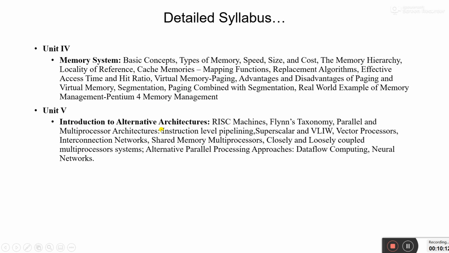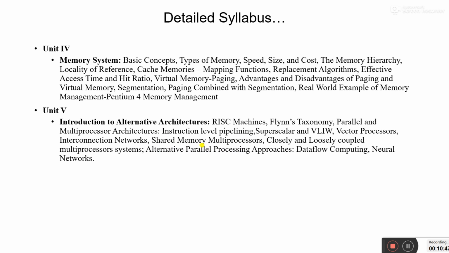In unit 5 we will learn about the introduction to alternative architectures, which are a little advanced. We will understand RISC type machines, Flynn's taxonomy, parallel and multiprocessor architectures, instruction level pipelining, superscalar and VLIW architectures, vector processors, interconnection networks, and shared memory multiprocessors. This is important whenever we deal with cloud computing.